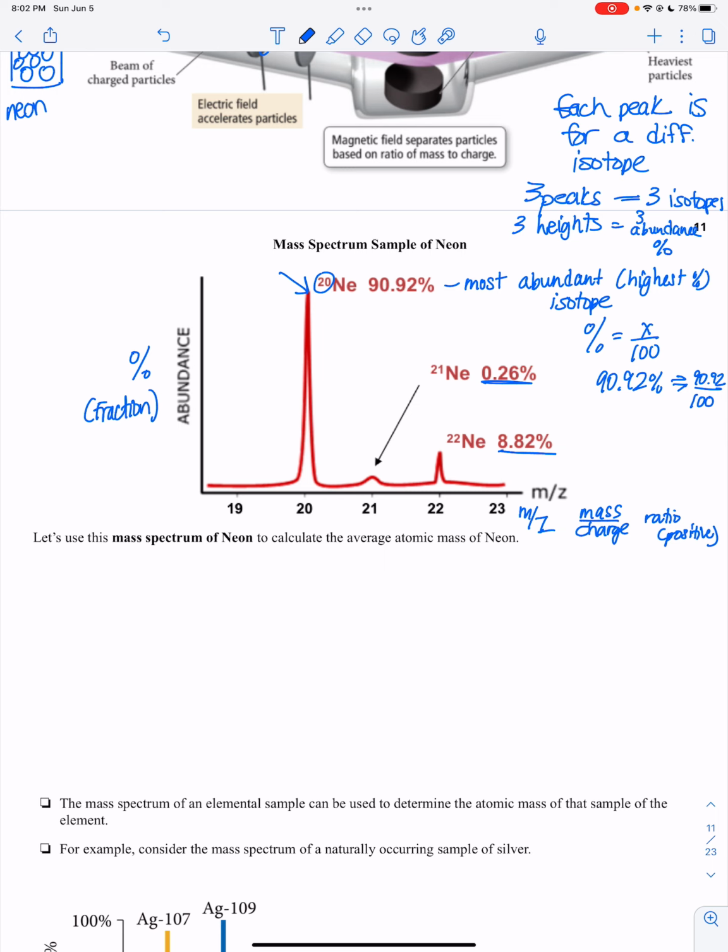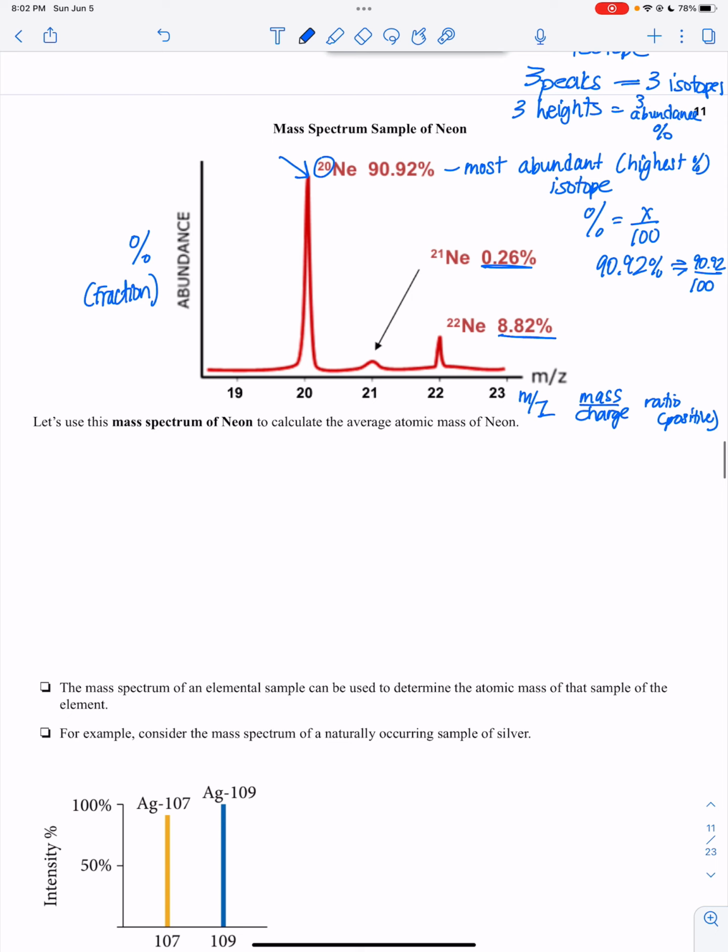So let's use this data here now to calculate the average atomic mass of neon. So remember, the average atomic mass from our previous page is going to be the sum of the fraction or percentage of each isotope times the mass of the isotope.